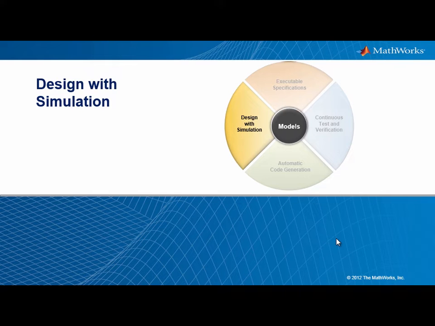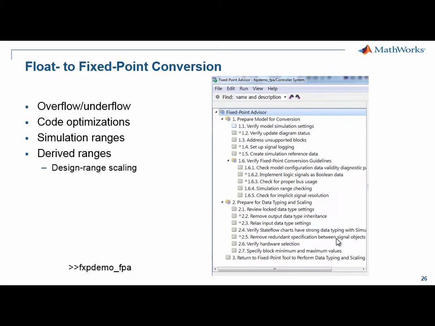So once you have done these executable specification activities, you can now move to more of a detailed software design aspect just by reusing the same model. For example, perhaps your model used double precision and your embedded processor used single precision, or maybe you needed to go to fixed point math for an integer-only processor.